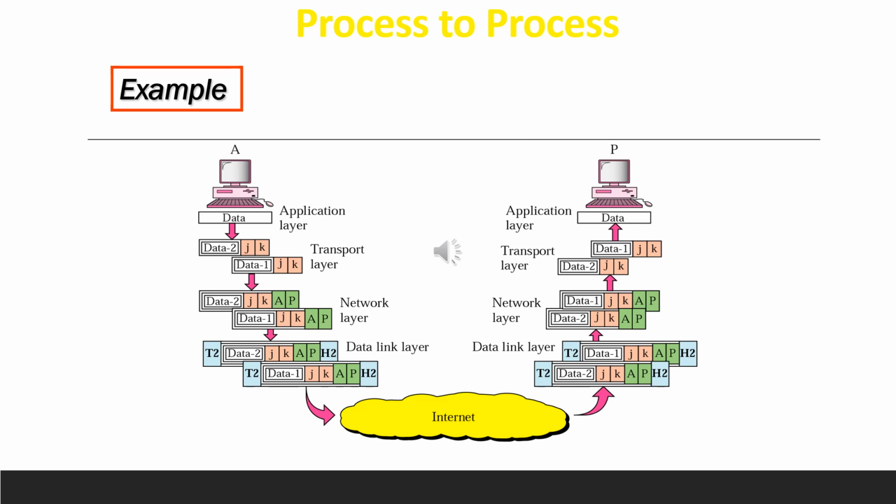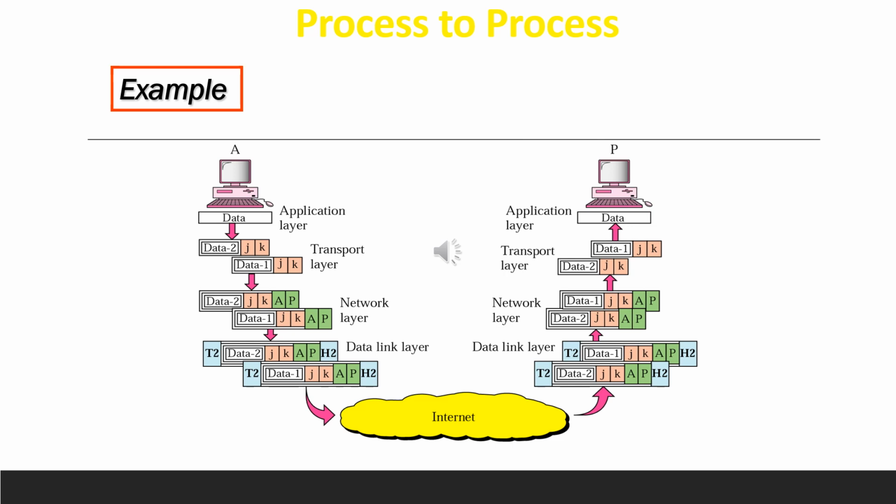Now this is pictorial representation of process to process delivery. So we have data at application layer, it comes to transport layer, that is data 1 and data 2 form. Transport layer adds port numbers J and K to it. Now J is the port number of the process of the sender and K is the port number of the process at the destination end.